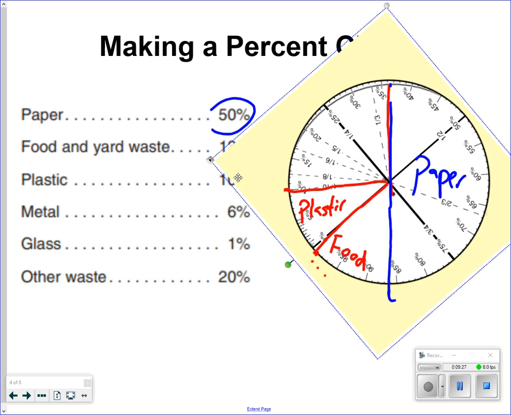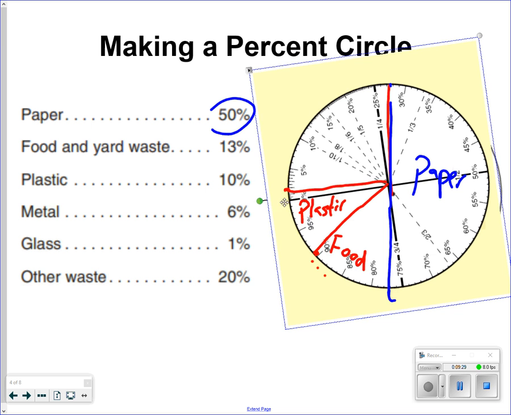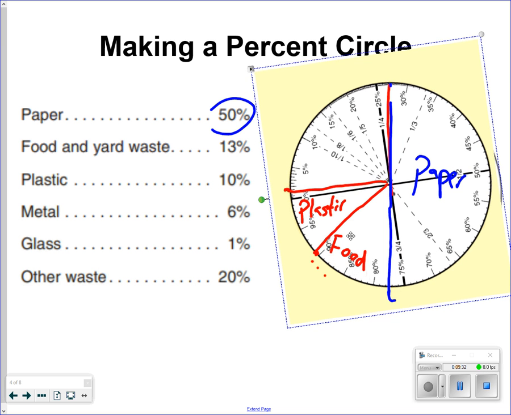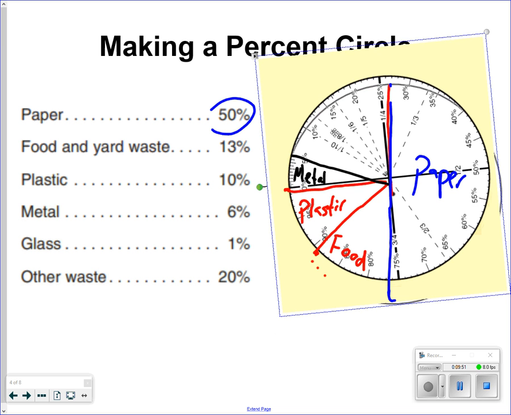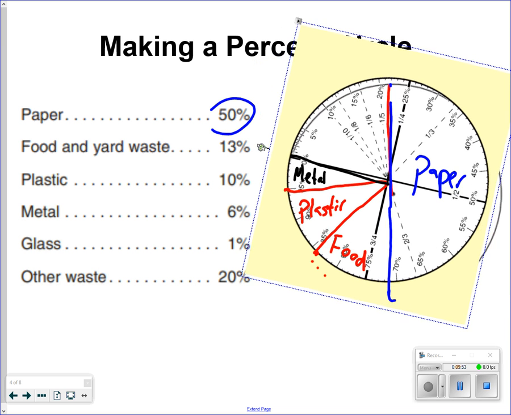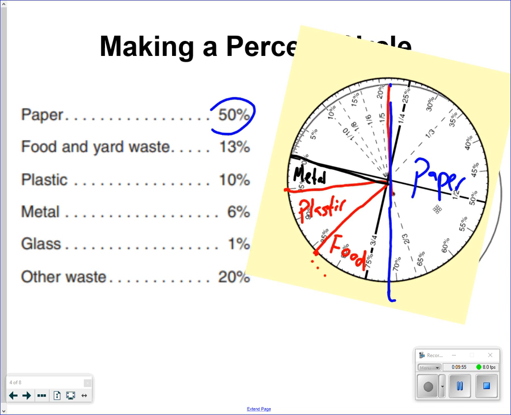Go ahead and move my percent circle again. So my 0 is now at the edge of this plastic, like so. Metal is 6%. So after the 5 would be my 6. I'm going to go ahead and draw a line right there to the middle. I'm going to call this metal right there. And then 1% is, so that means my new spot will be right there.